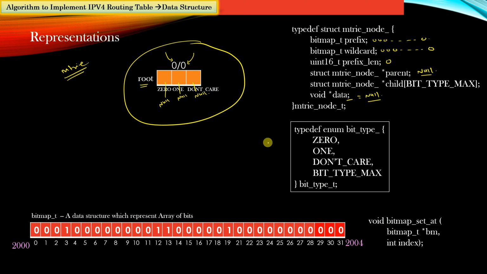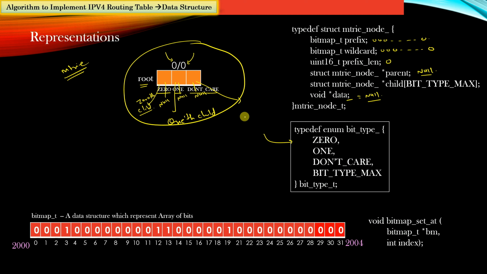Alright. Now coming to this enumeration, as I said, each mtry node is going to have 3 children. These children are indexed in the mtry node as 0, 1 and don't care children. We will discuss in detail when we discuss the algorithm what it means to say that this particular child is the 0th child, or this particular child is the 1st child, and this particular child is the don't care child.